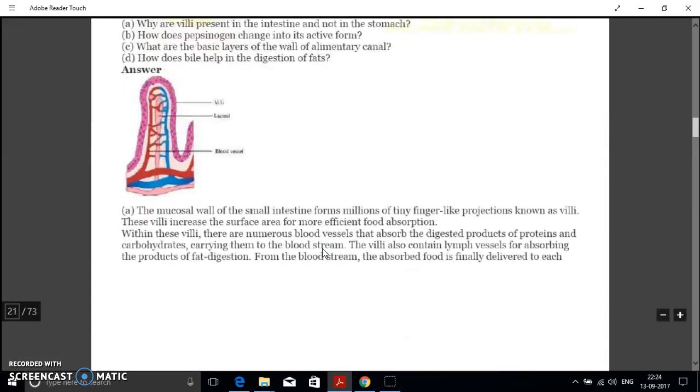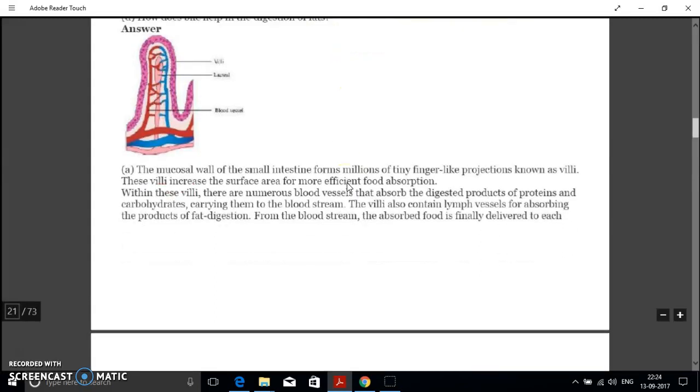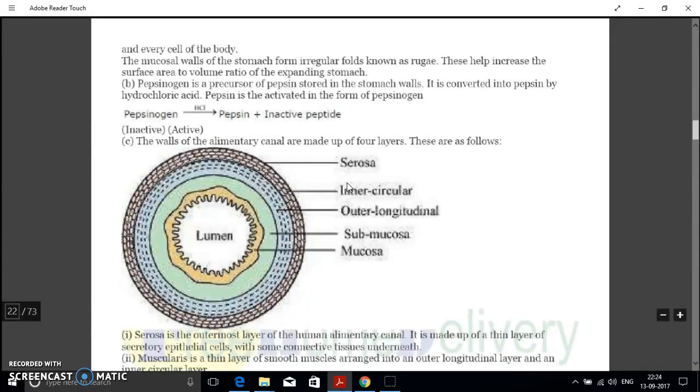Third is the different layers, the basic layers of the alimentary canal wall, going from outside to inside. The thinnest and the strongest is the serosa, then the muscularis, then inner circular, outer longitudinal, then submucosa and mucosa. How will you remember it? Just repeat this whole sequence 5 to 7 times.